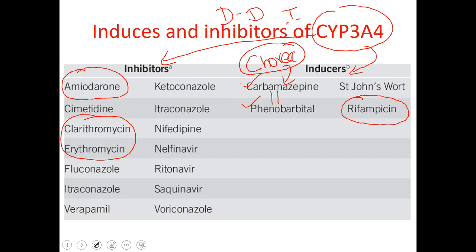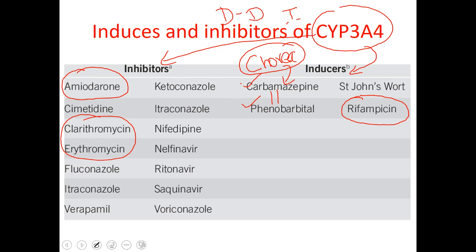Whenever you are writing a drug for a patient who is already receiving a statin, make sure that you are writing a drug that has low risk of drug-to-drug interaction.